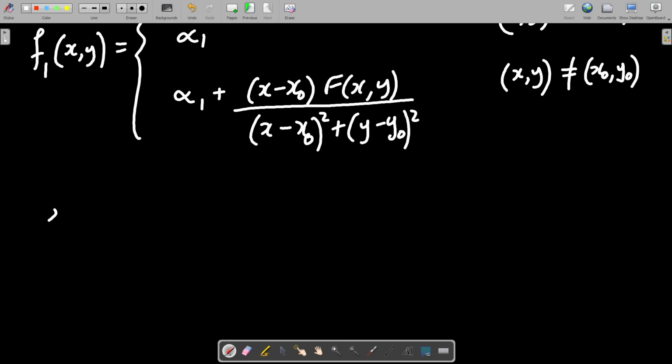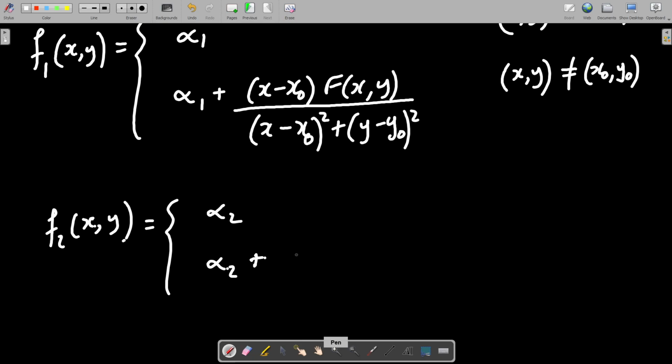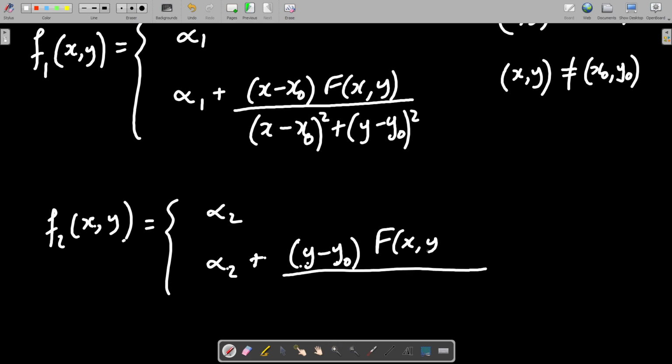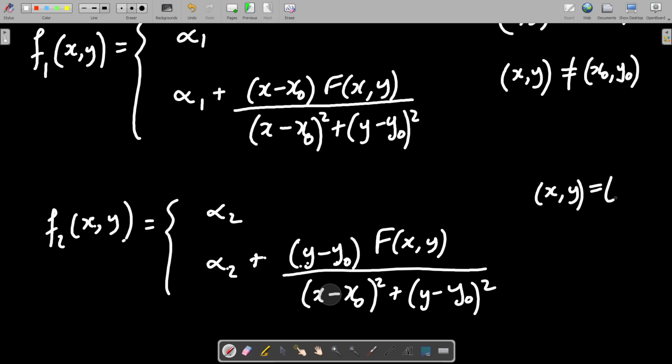Where there is x you have to put y also. f2 of xy is alpha 2 plus y minus y naught, same like last time, when xy is equal to x naught y naught, and here xy not equal.